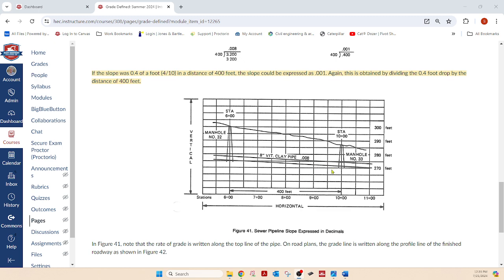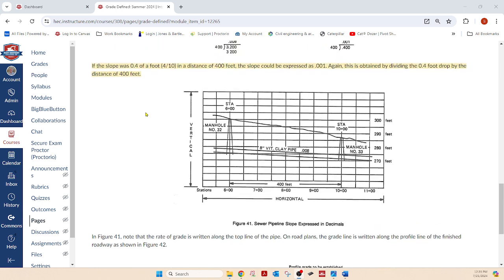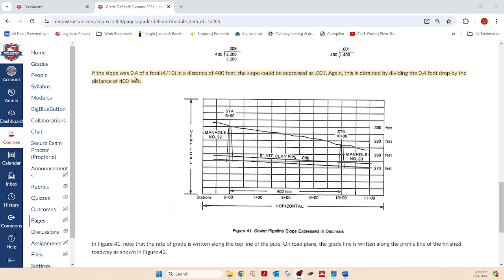Now we have a little project here. Let's say the slope was 4/10 of a foot in a distance of 400 feet. The slope could be expressed, now we're going to percent grade, get ready, hold on, as 0.001.